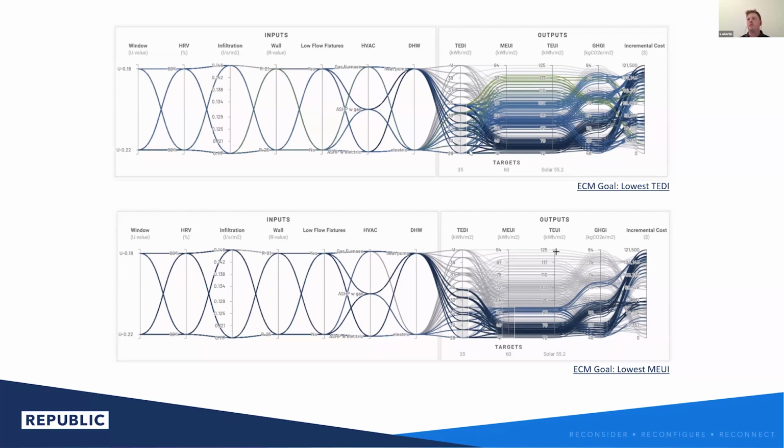So this is really just automating the process of looking at U value 0.18 on a window, how that combines with the effective R value of a wall assembly and the heat source or the ventilation source within it to look at either the thermal energy demand intensity, the mechanical energy usage intensity, total energy usage, or the greenhouse gas impacts, or a bit of what would now be considered, I guess, a life cycle carbon analysis. And then looking at the incremental cost impacts to the project.